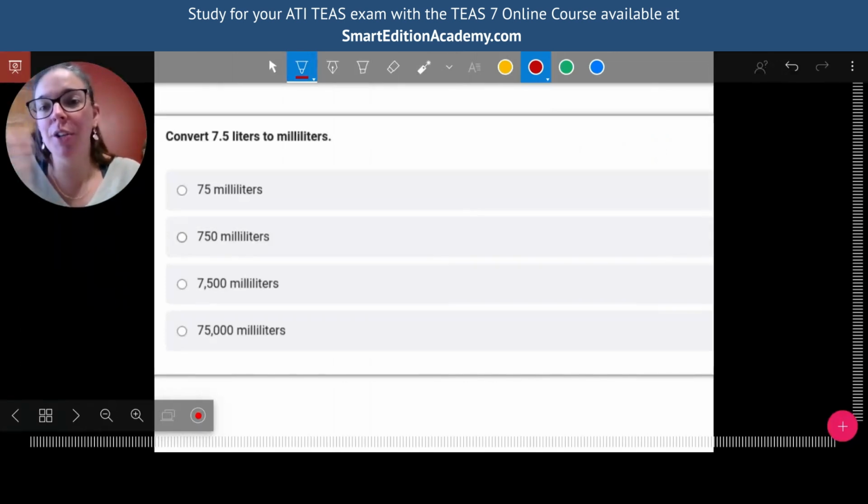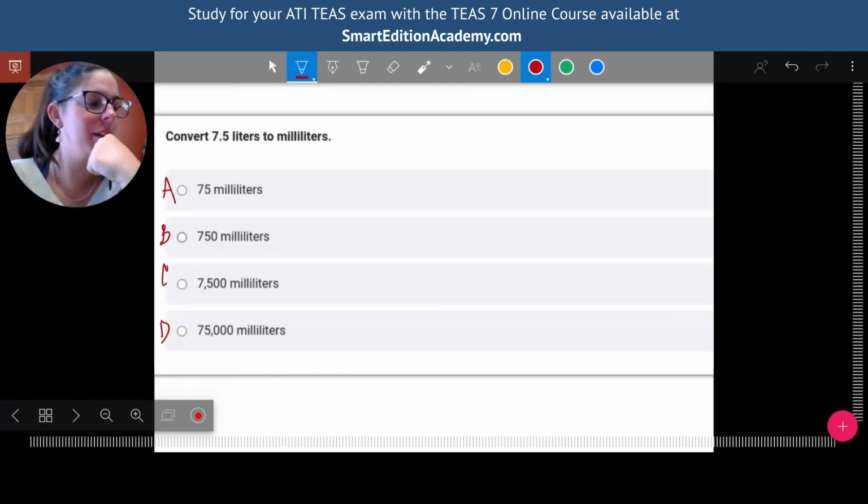So if you knew you just had to divide by 10, you should have got the same answer. Okay, I'll let you guys try this one. Feel free to drop your answer in the chat. You can either write the number or maybe we'll just label these A, B, C, and D, if this is easier. I'll give you a moment and then I will check in with the answer. 7.5 liters to milliliters.